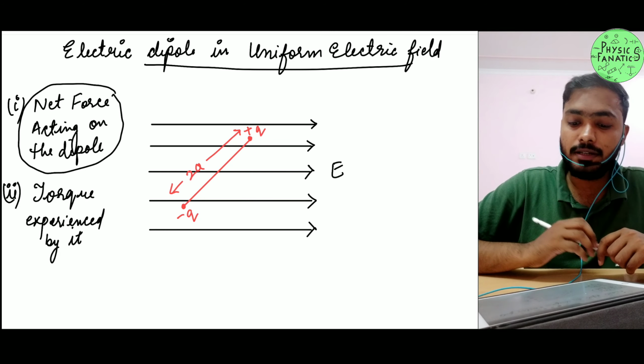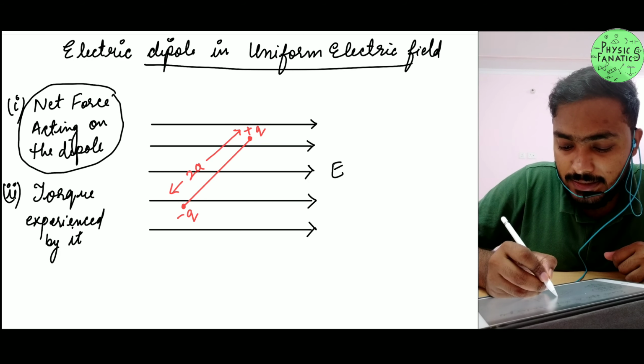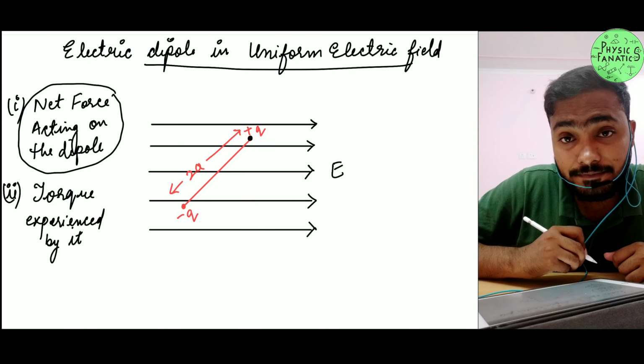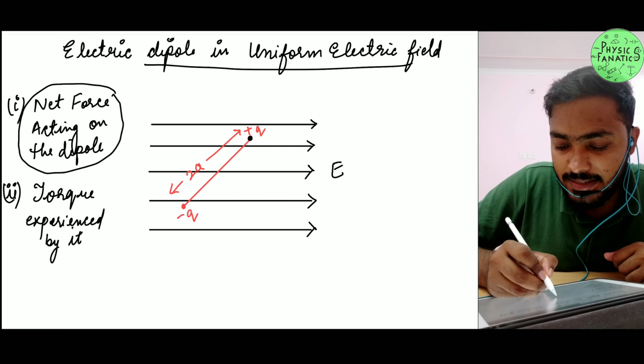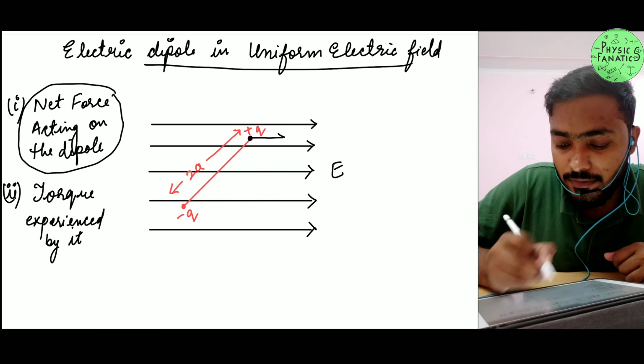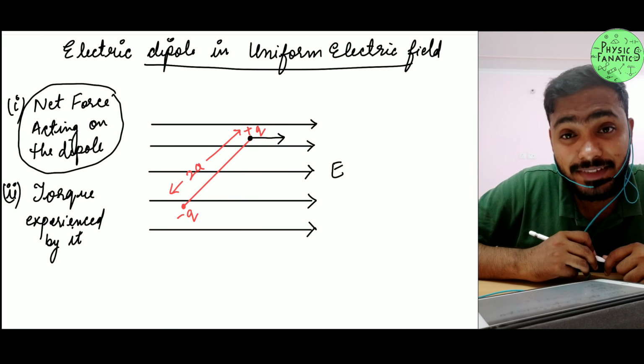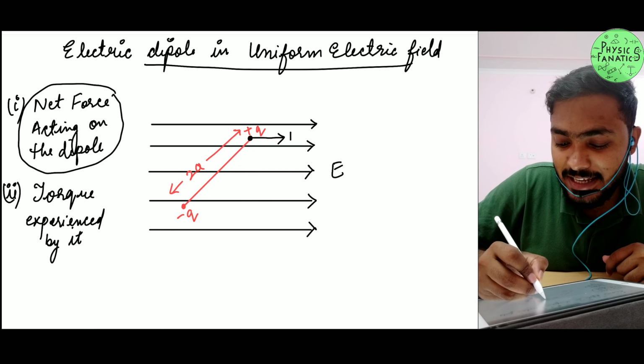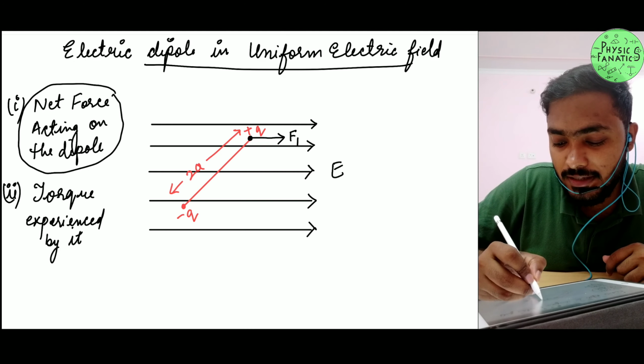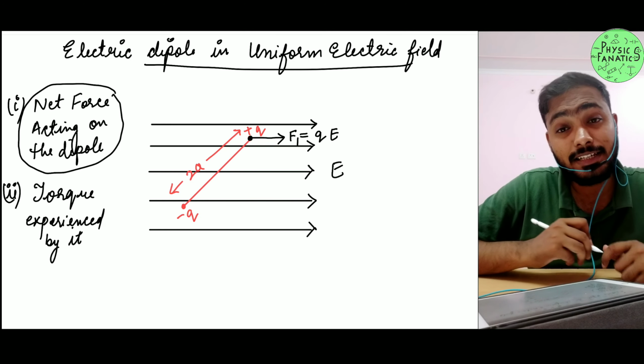Remember that part. So you can see there is this positive charge, kept inside a uniform electric field. It is going to experience a force in the direction of the electric field. Let me call this force F1. The magnitude of F1 will be q times the electric field.